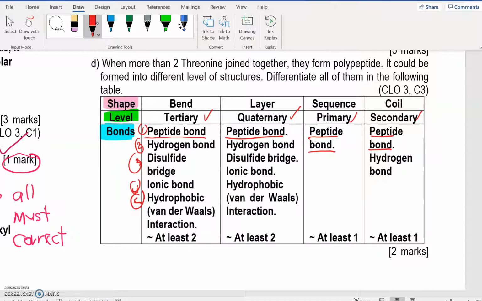At least 2 you have to mention. Same goes for quaternary, number 1, 2, 3, 4, 5. So for this you get 2 marks.